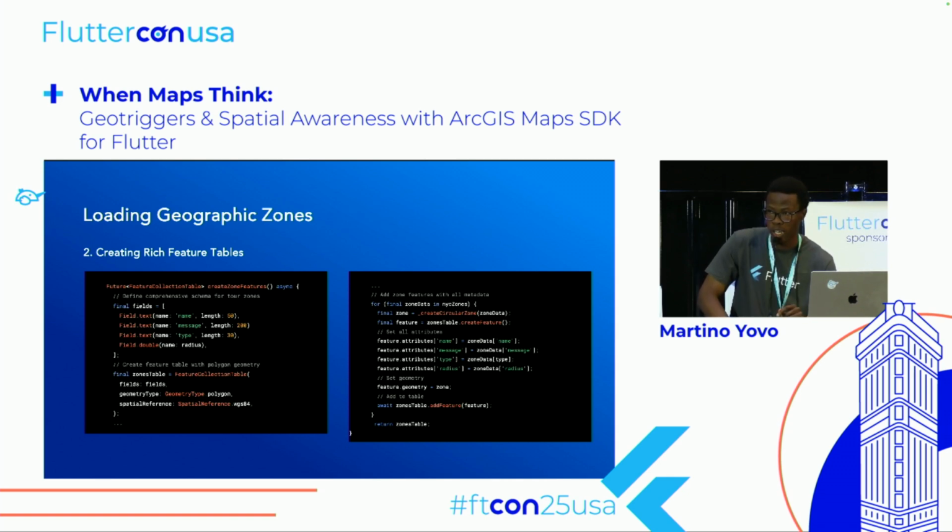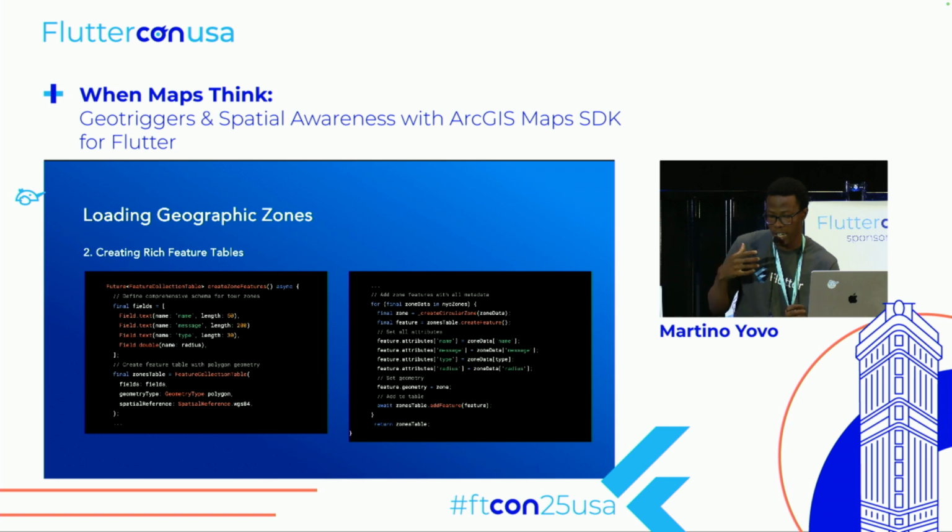For example, let's say you want to define critical points, and you have different categories for your points. You can do it with the text fields. And you can use the double fields to customize the radius, like let's say buffer zones, you can use it to do that.